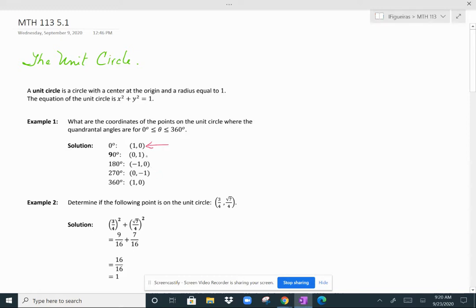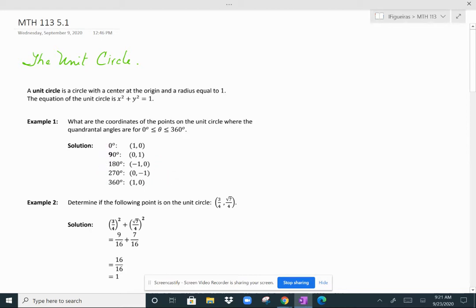When you're at 90 degrees and you're on the unit circle, your coordinate is 0, 1. 180 degrees means you've only gone to the left 1 unit, so that's negative 1, 0. When you're at 270, which is the negative y-axis, you've gone down 1 unit, so it's 0, negative 1. And when you've gone around 1 full rotation, you're back at 0 degrees, so it's the same coordinate of 1, 0.